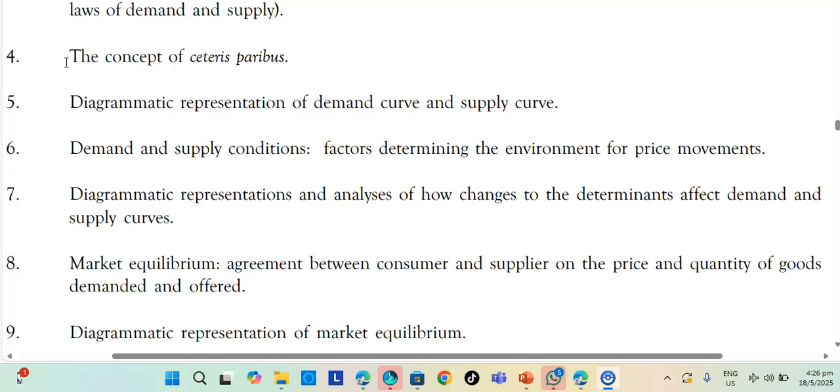So for example, if the price of wheat increases, farmers are more likely to grow and sell more wheat. Or if it decreases, they will grow and sell less wheat. So less wheat will be supplied in the market.